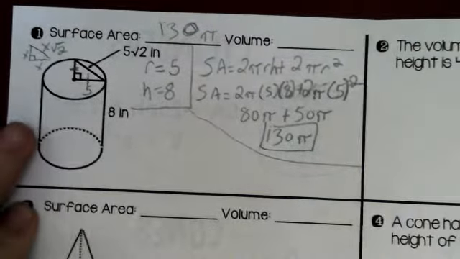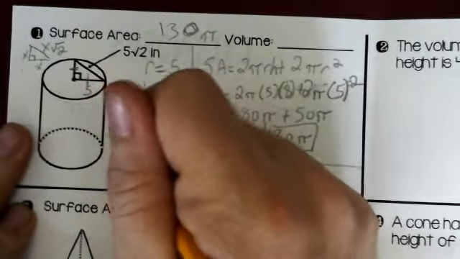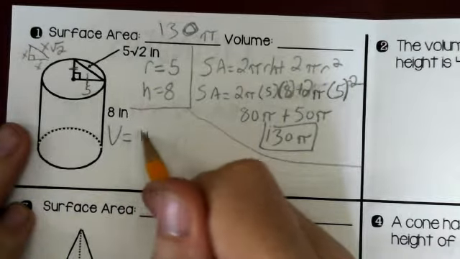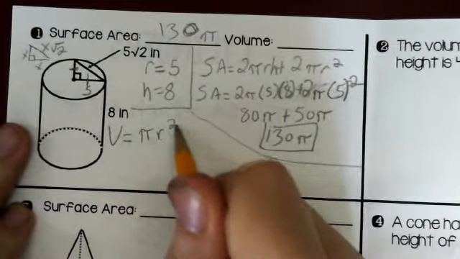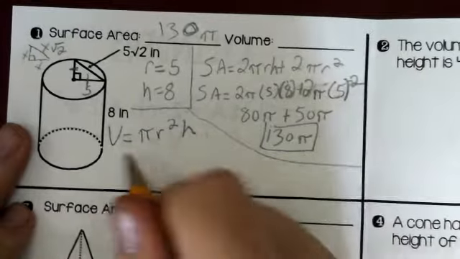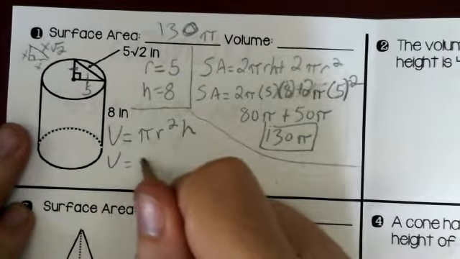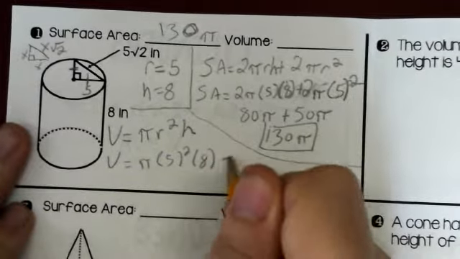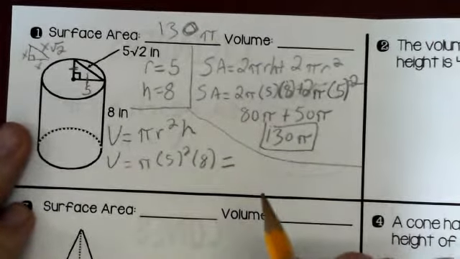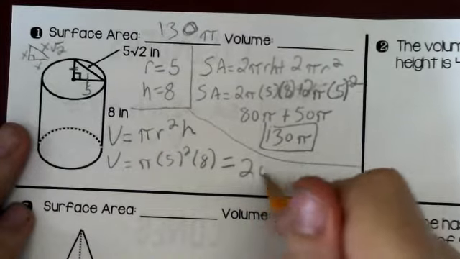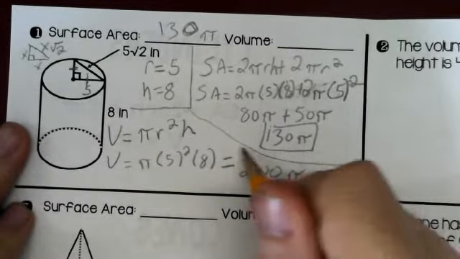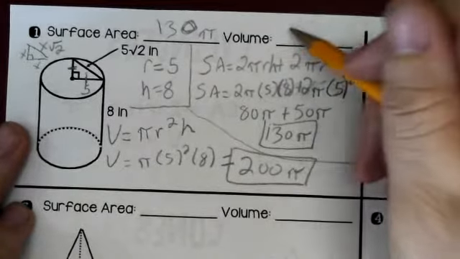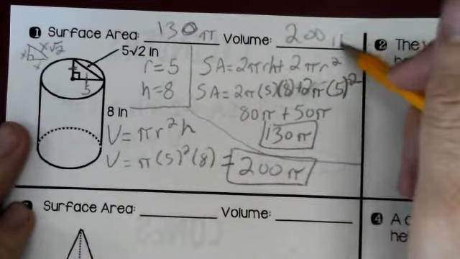And now for our volume. Well, volume equals pi r squared h, and so that would be pi times 5 squared times 8, and when we do that, we just get that this is 200 pi. And so that would be our volume, 200 pi.